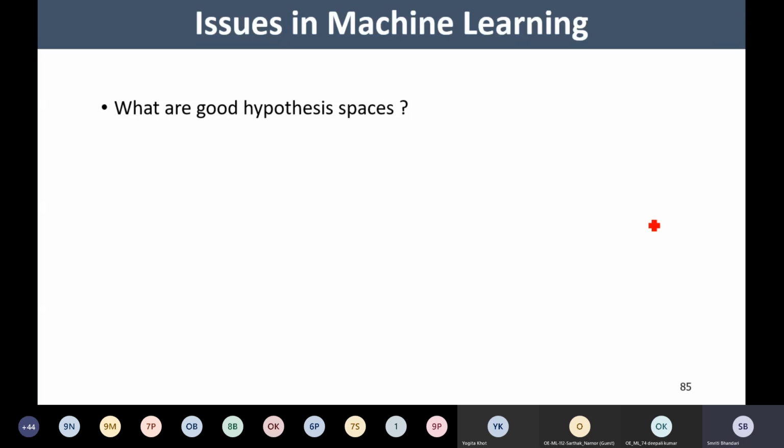So we need to answer: what are good hypothesis spaces with respect to a given problem? We also need to find the algorithms that may work well with the hypothesis spaces we have selected.